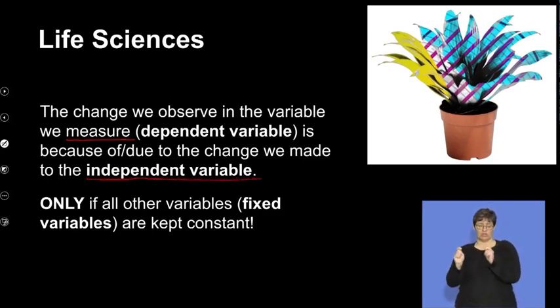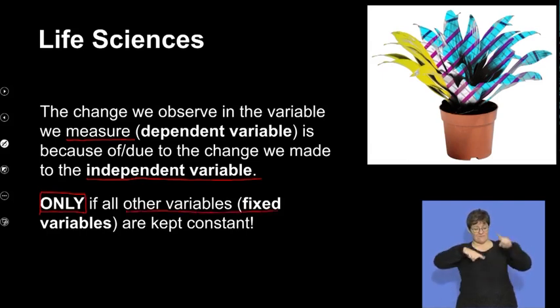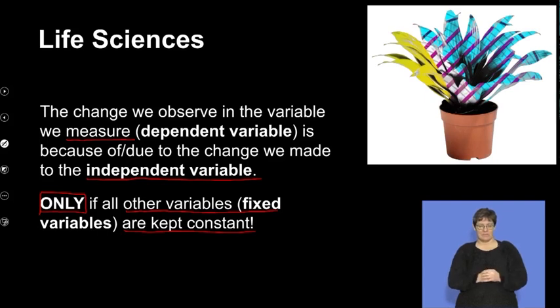But that only works if the other variables are kept constant. For example, if they put it in a hot room and a cold room, it might be losing less water because of the temperature, not necessarily because of the light.